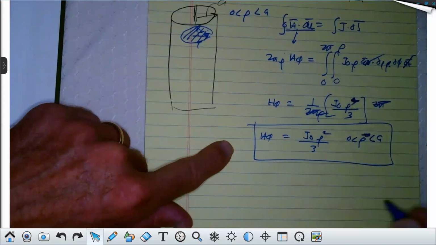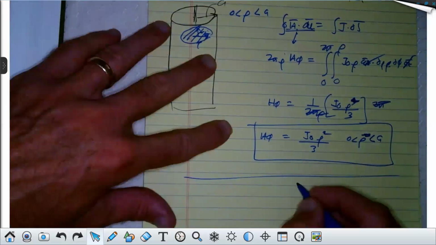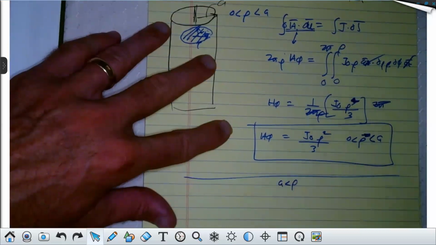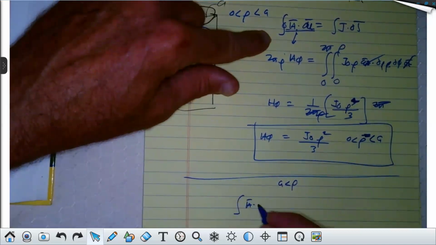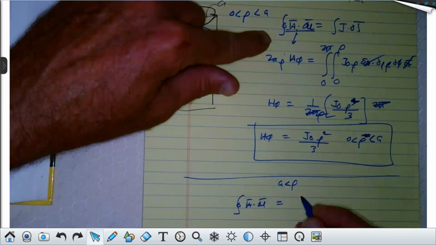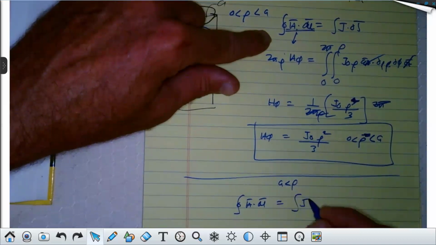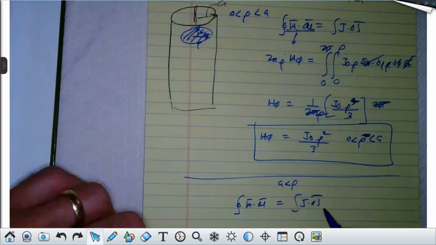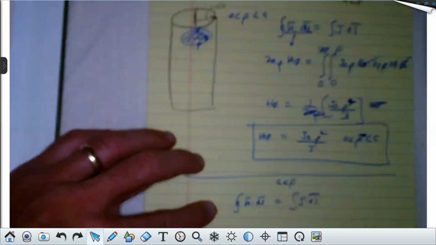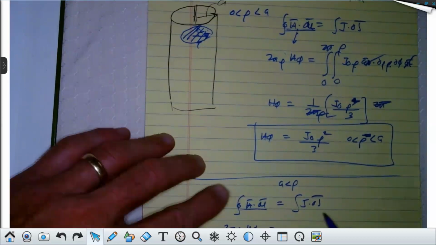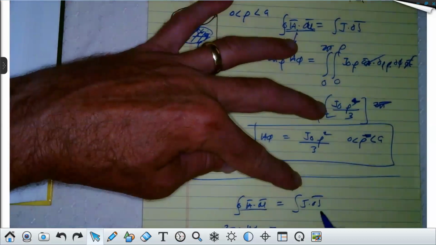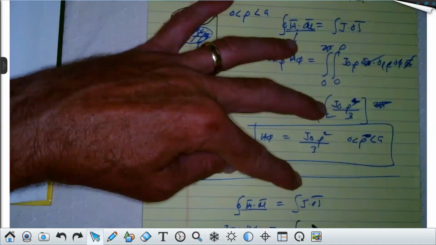Now, the next part is for rho greater than a. In here, the integral of H dot dl around the closed loop is equal to the integral of J dot ds, but the surface is going to be finite now. It's going to have a hard limit. This integral will still be 2 pi rho H phi. On this side, though, it's now a double integral.